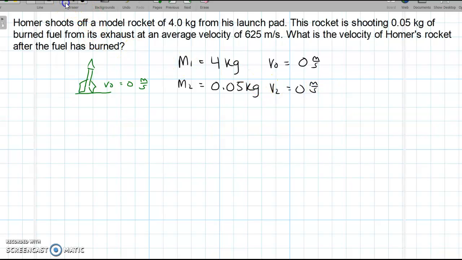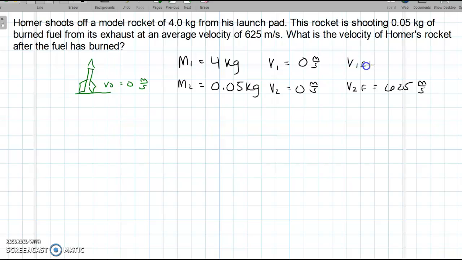All right, I recognize that this can be kind of confusing, so I'm going to go ahead and put a 1 there. All right. And after the rocket is launched, the fuel has a final velocity of 625 meters per second. And we want to know what's the velocity of Homer's rocket after the fuel has burned.